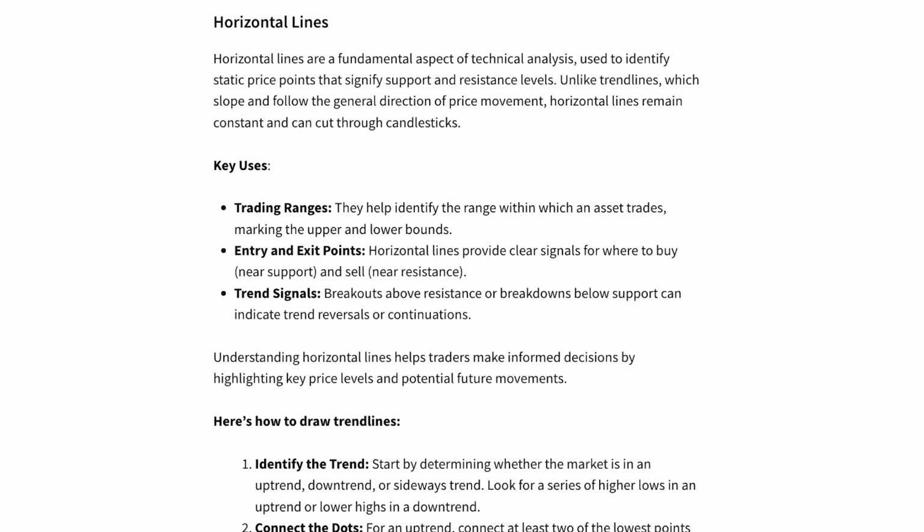And for trend signals, there might be breakouts above these horizontal lines indicating that the stock is on the move. So understanding horizontal lines helps traders make informed decisions by highlighting key price levels and potential future movements. Let's jump over to the whiteboard, and we're going to see a clear example of this.